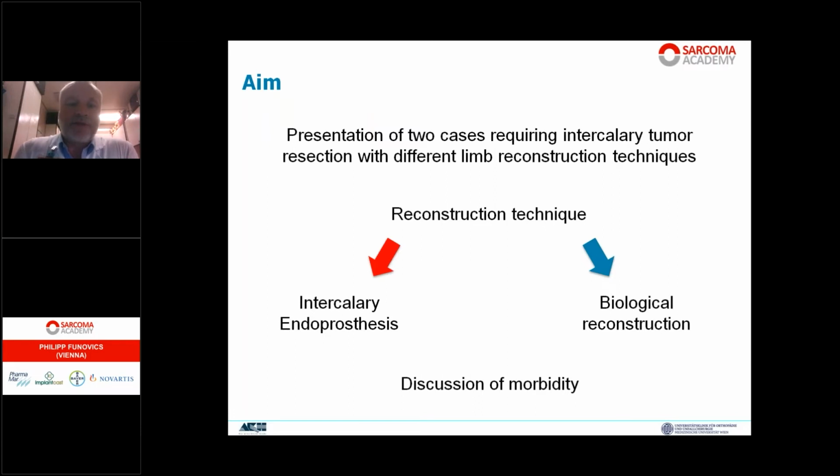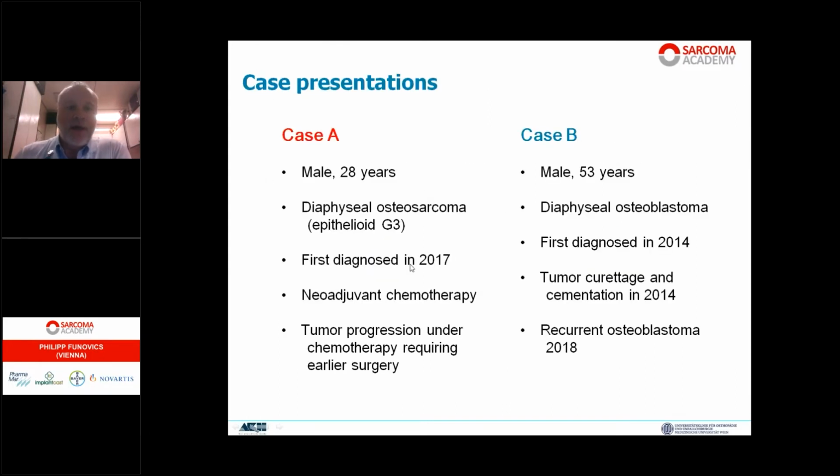The aim of this presentation, which comes from one of our M&M conferences, was to discuss different reconstruction techniques, namely intercalary endoprosthesis and biological reconstruction for intercalary segmental femoral defects, and discuss their morbidity. Here are two cases.